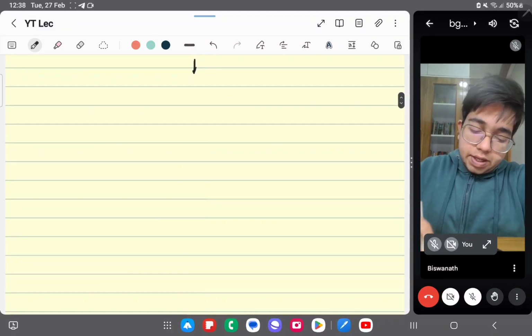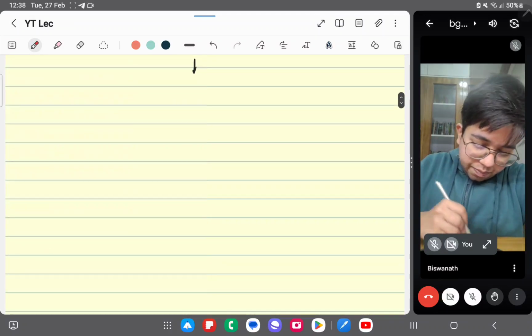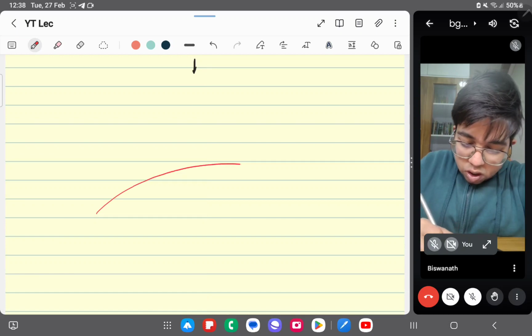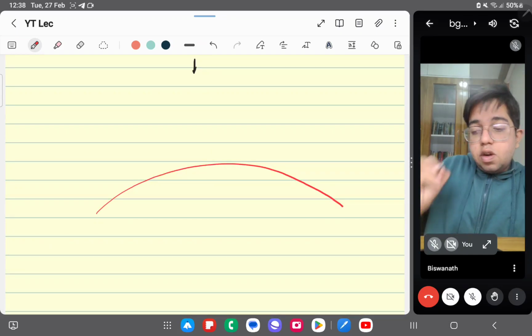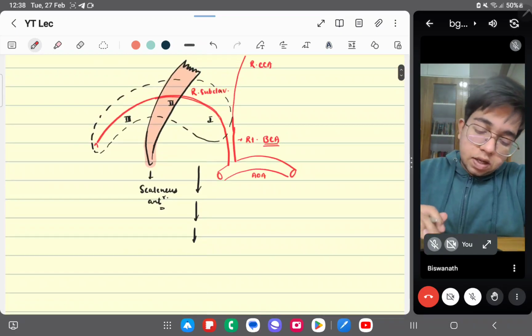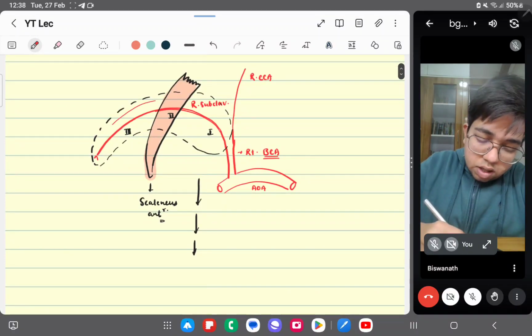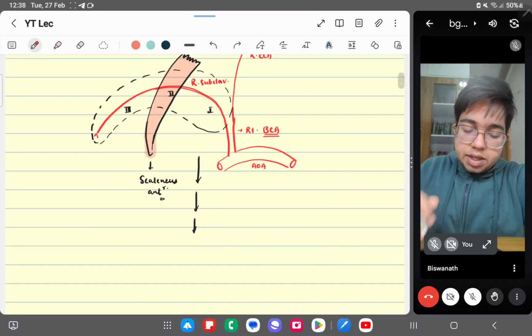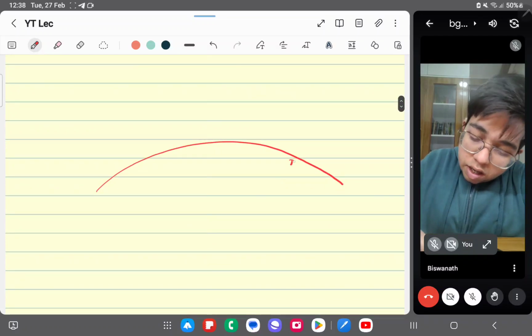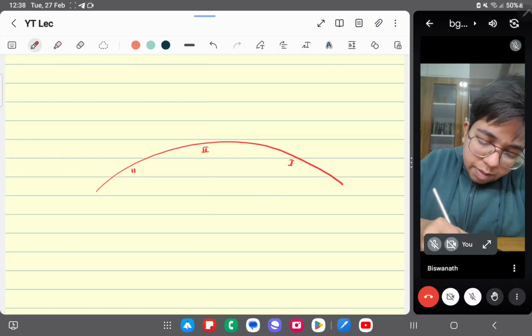Just focus on my next diagram. Again, this is the right subclavian artery, first part, second part, and third part.